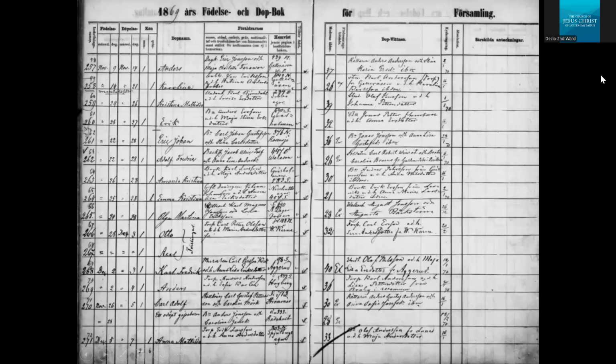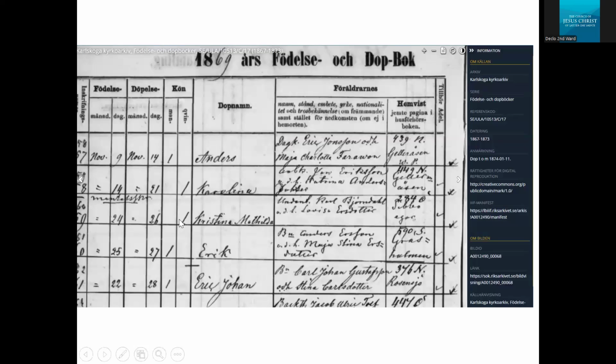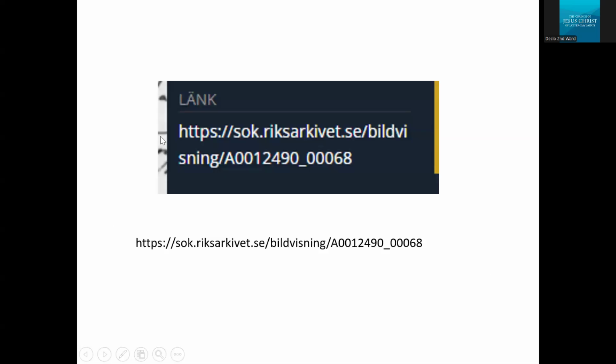Okay, and so there's my grandmother's page. So then they've got a good way also of adding sources. Here she is. And you look down pretty close to the bottom. It says link. And you're going to click on it right down here. Here it shows it big.